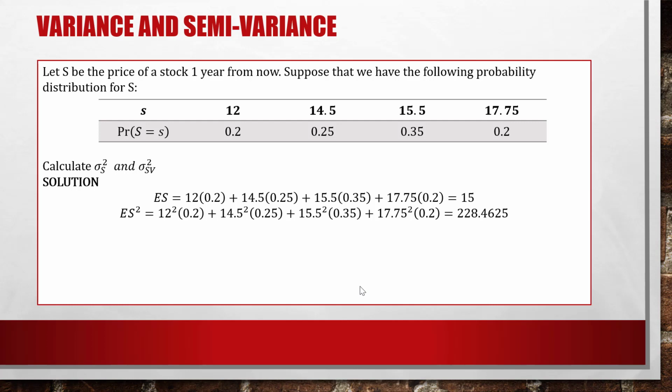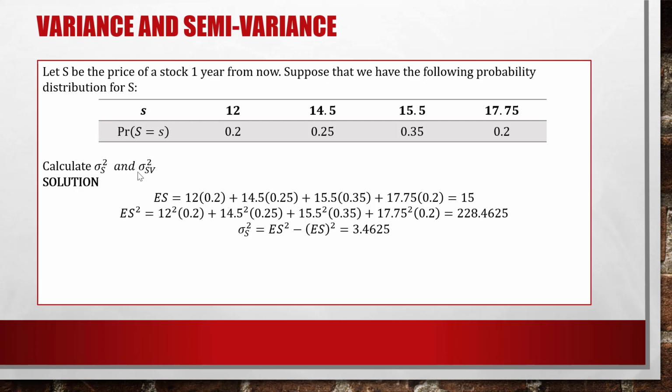Now we take ES squared subtract ES whole squared to get the variance. So the variance here is 228.4625 subtract 15 squared. 15 squared is 225, so we got 3.4625 for the variance. So that is the first measure of deviation.